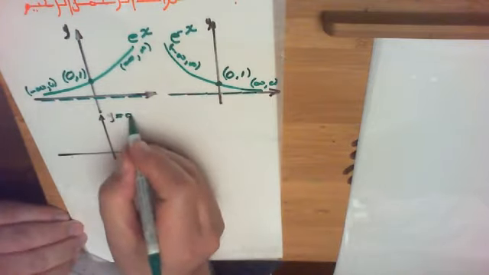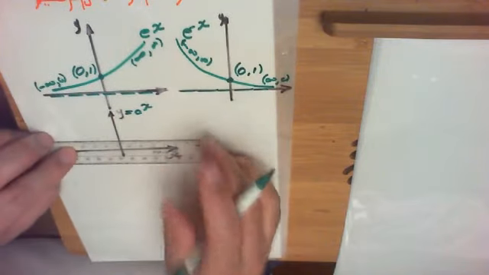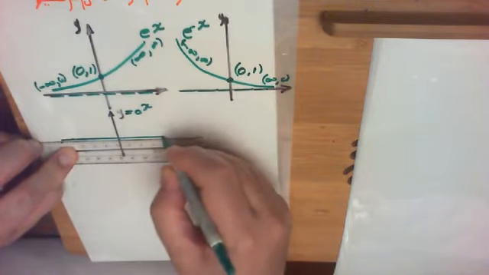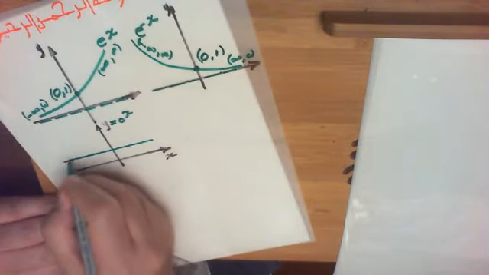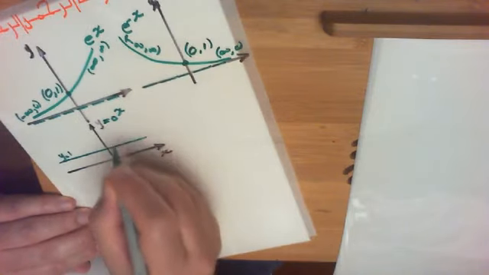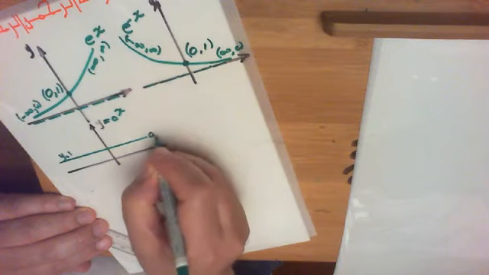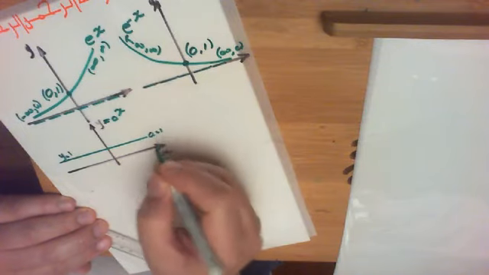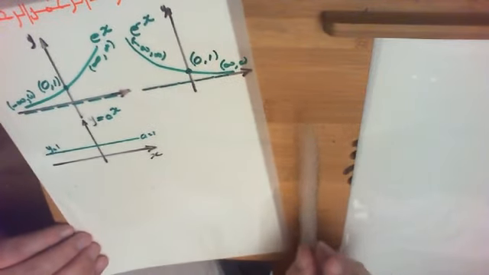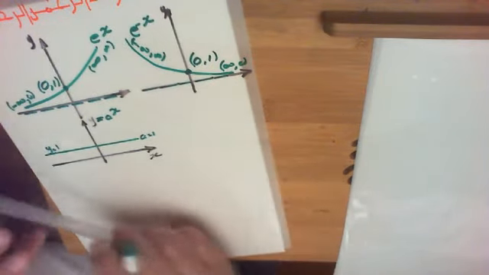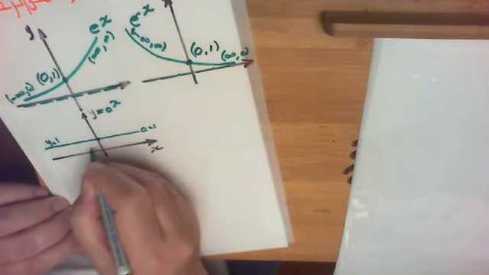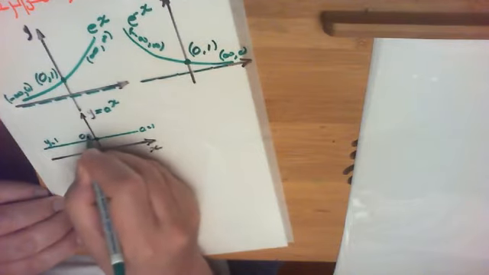If a is 1, we have a straight line parallel to the x-axis, y equals 1. For the other values, the same point as before, (0, 1).